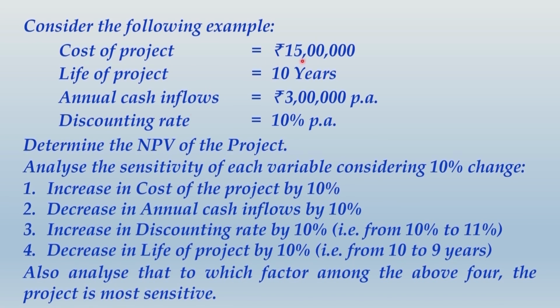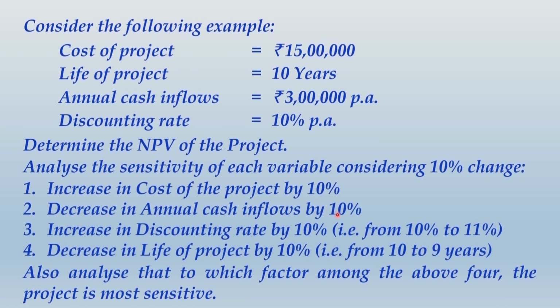You increase the cost of the project by 10%. 10% added to 15 lakhs, that will be 15 lakhs plus 1,50,000, that will give you 16,50,000. Other things remaining same, I repeat, other things remaining same, what will be the impact on NPV if the cost of the project is increasing by 10%? That will be the answer for the first part.